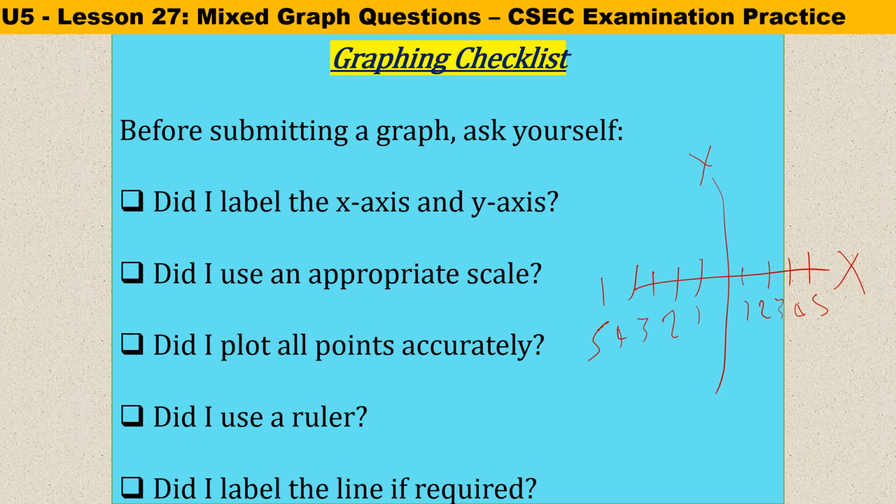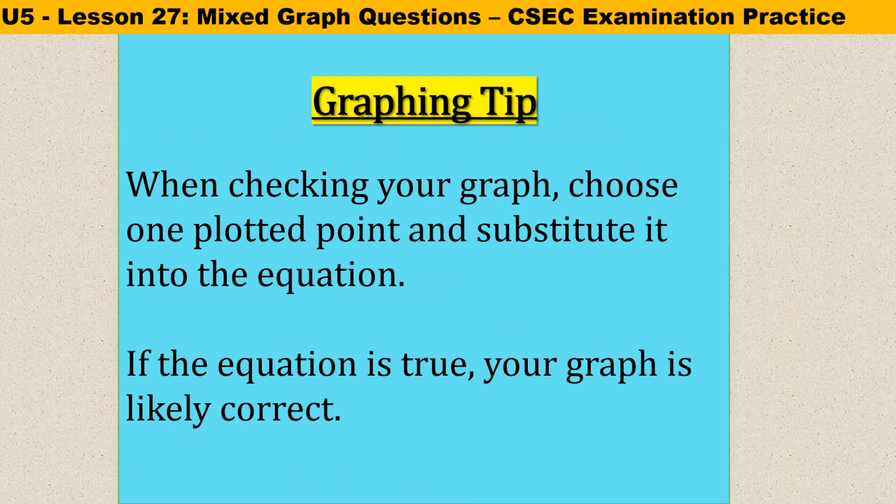You want to double check that. Did I use a ruler? If you don't have a ruler, check that your line is straight and it is passing precisely through the coordinates correctly. Did I label the line if it is required? Make sure you label your line. When checking your graph, choose one plot point and substitute it into the equation. If the equation is true, then your graph is correct.